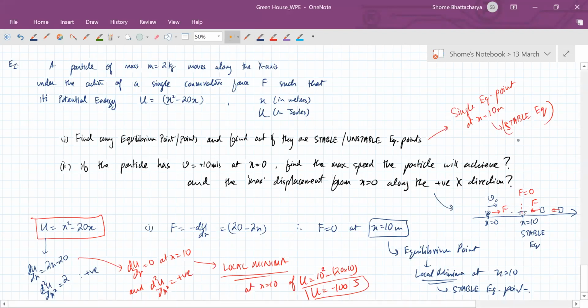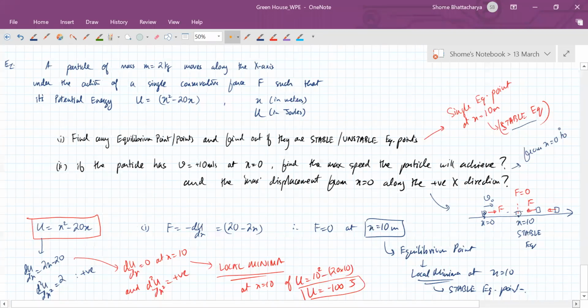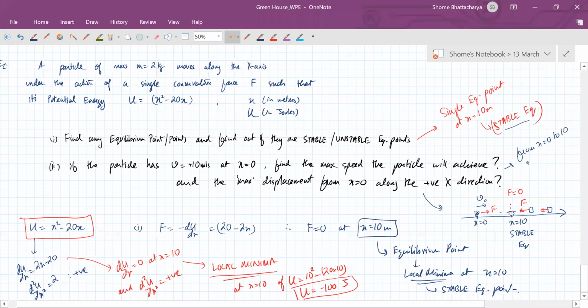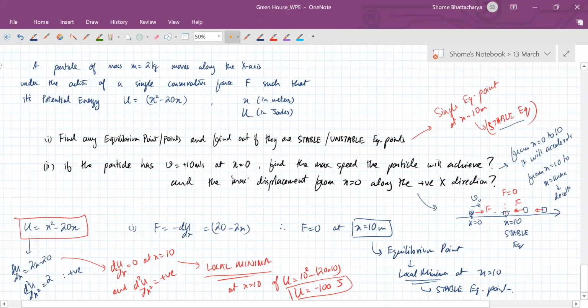Okay. So this fact that there's a stable equilibrium here tells us that from x equal to 0 to x equal to 10, it will accelerate, and then from x equal to 10 to the maximum value, it will decelerate, because now we know the direction of the forces.